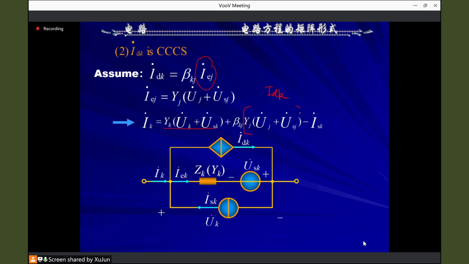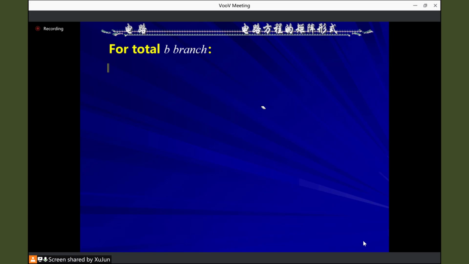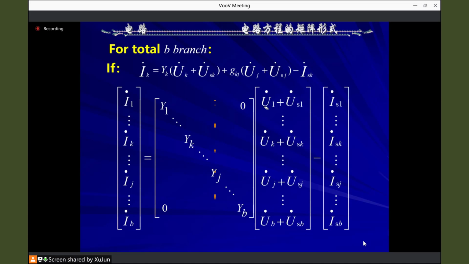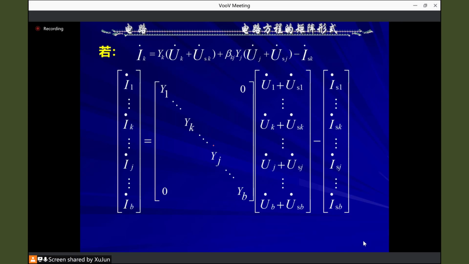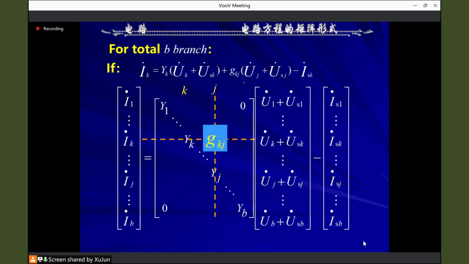So this part is the IEJ, and this part is beta Kj IEJ. For the total matrix, if branch J controls branch K, then in row K, column J there will be a component. It's GKJ. In the current control form, it will be beta Kj YJ in this position. This position is only the GKJ.